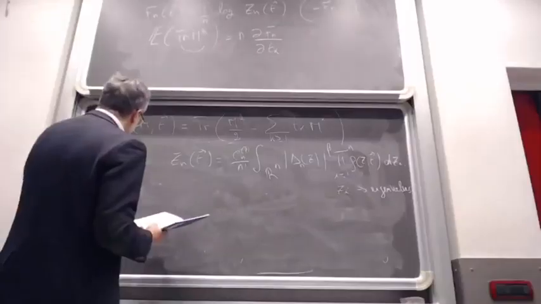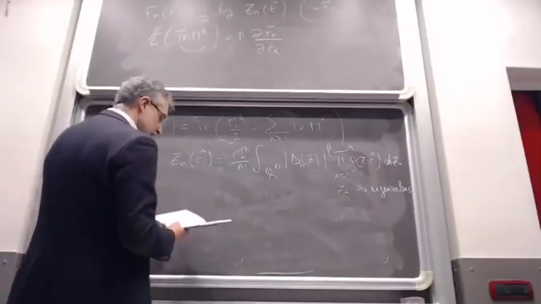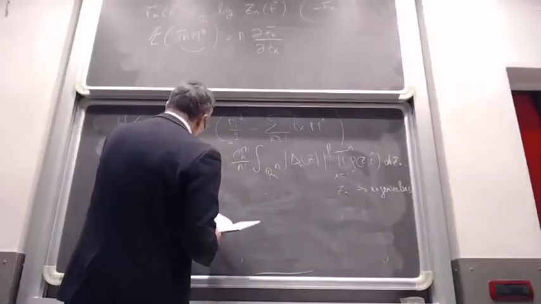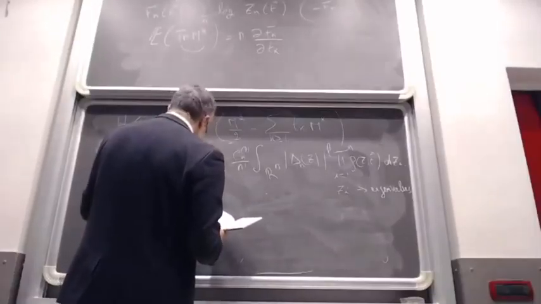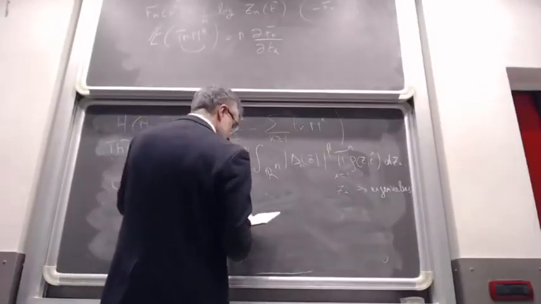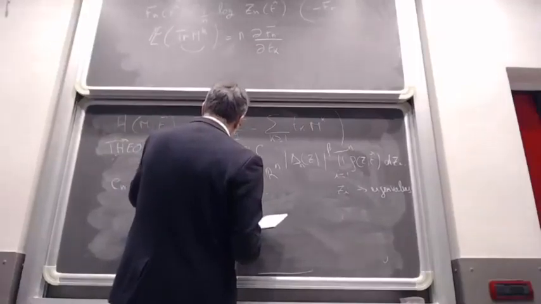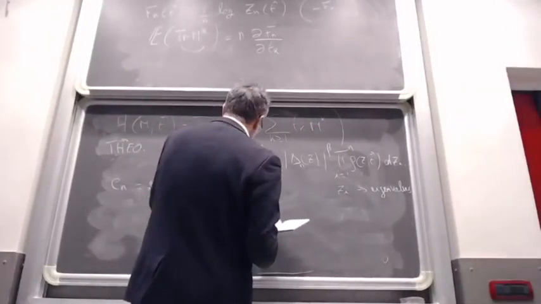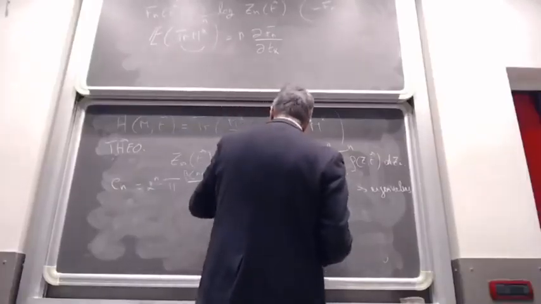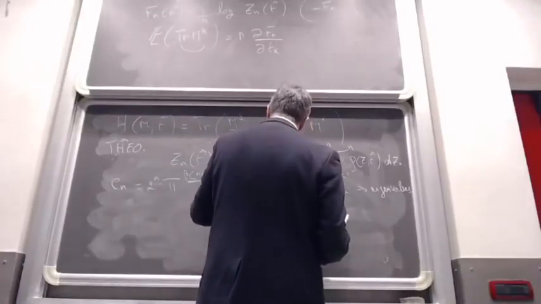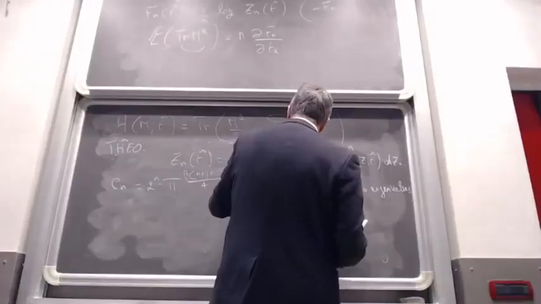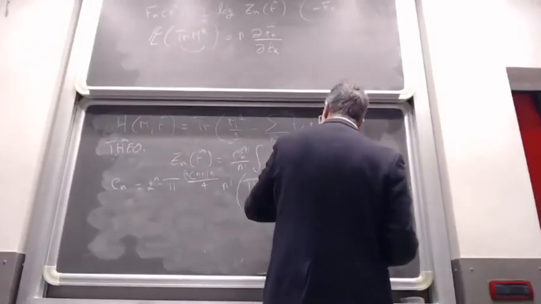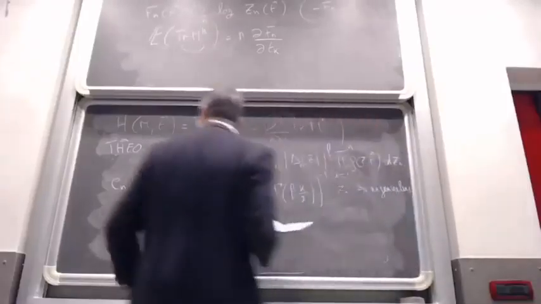So Cn can be written as 2 to the power n, pi to the power beta n plus 1 by n divided by 4 times n factorial, and then we have the product where k runs from 1 to n of the gamma function of beta k divided by 2 to the power minus 1.